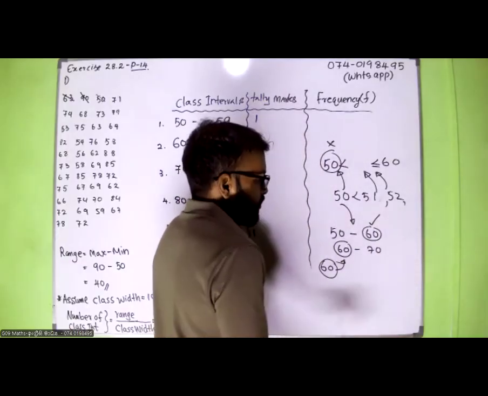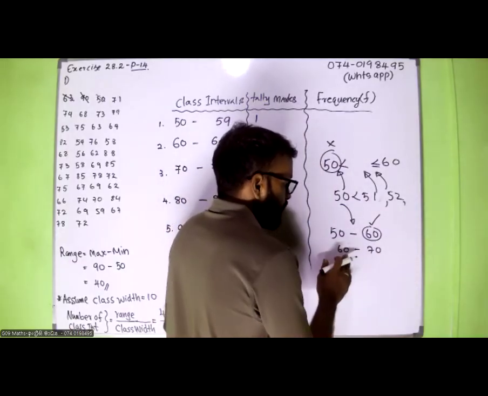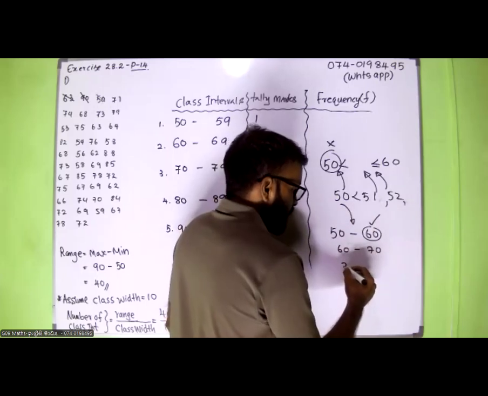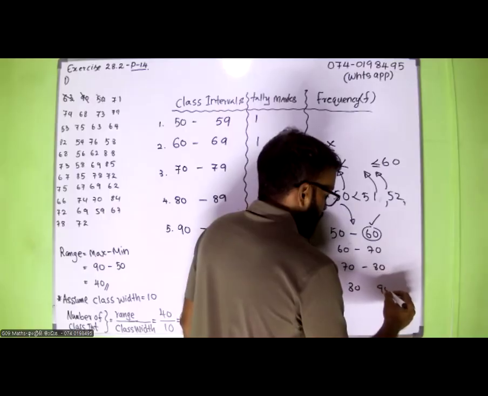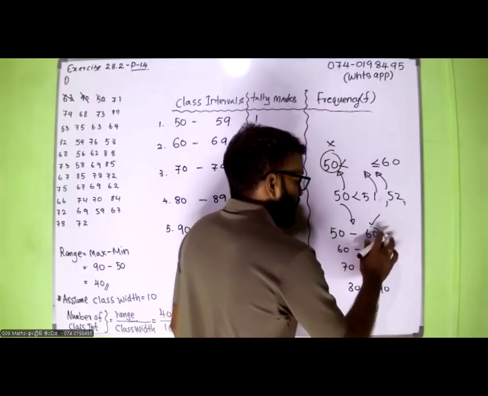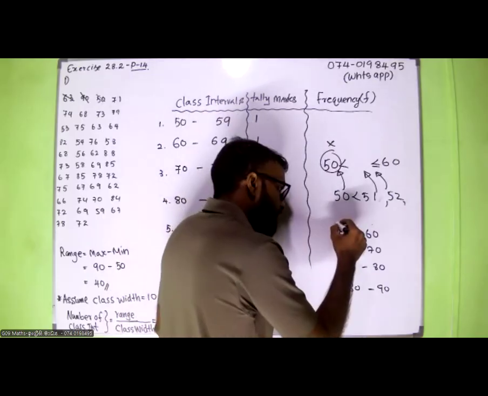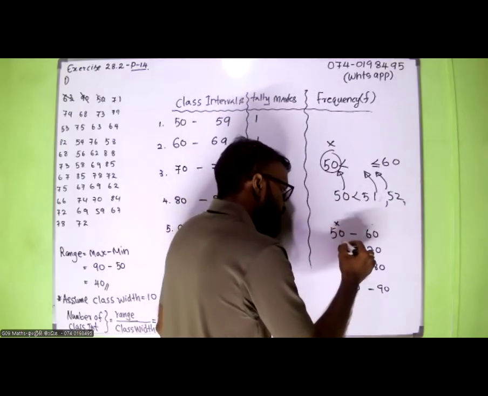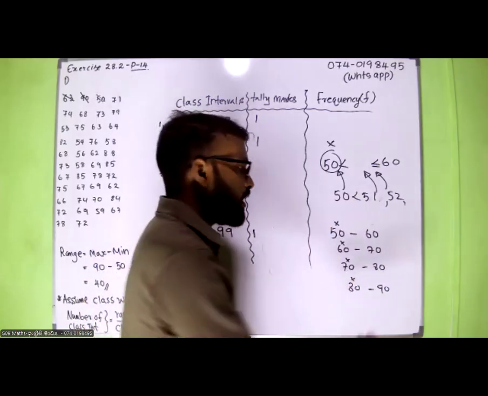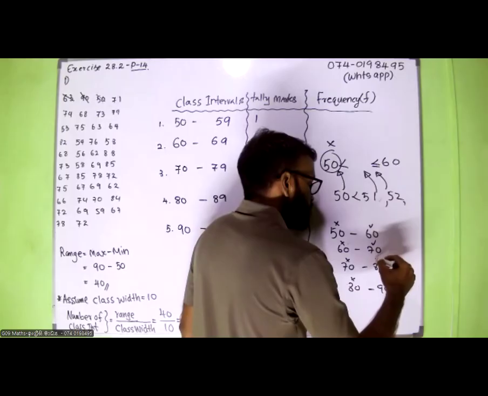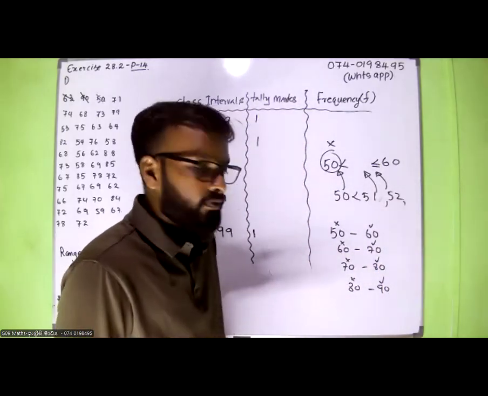So if you have something like this in the exam, 70 to 80, 80 to 90, the first thing you need to do is take your pencil and on the top of this put a cross mark, and here put a tick mark. What is the meaning of that?